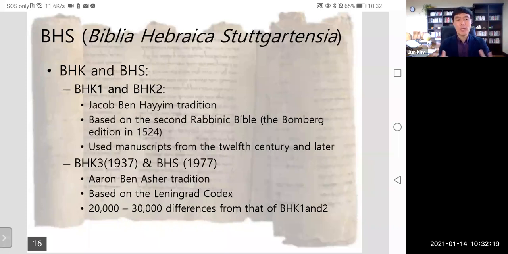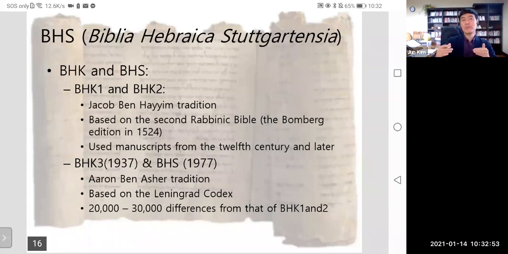And historically speaking, we didn't have other manuscripts. Later we could find other manuscripts like Qumran, such an important manuscript, but it was found quite lately. So when people started writing or translating or making the Hebrew Bible, they actually had quite limited access to manuscripts.